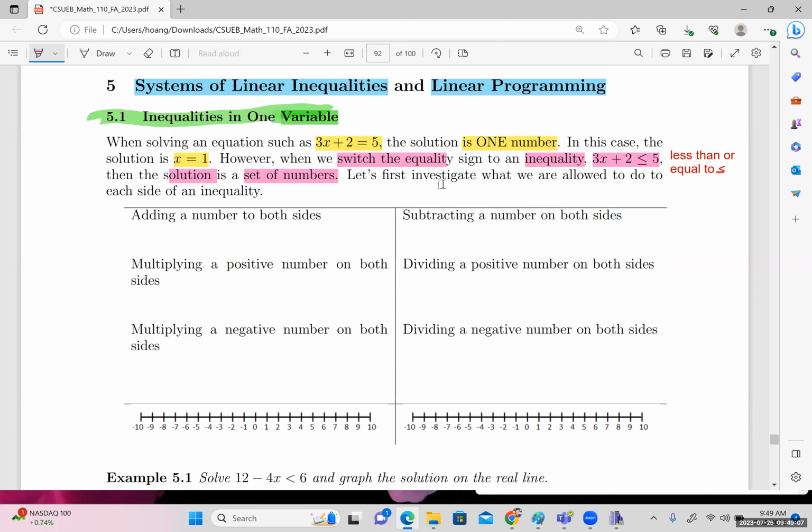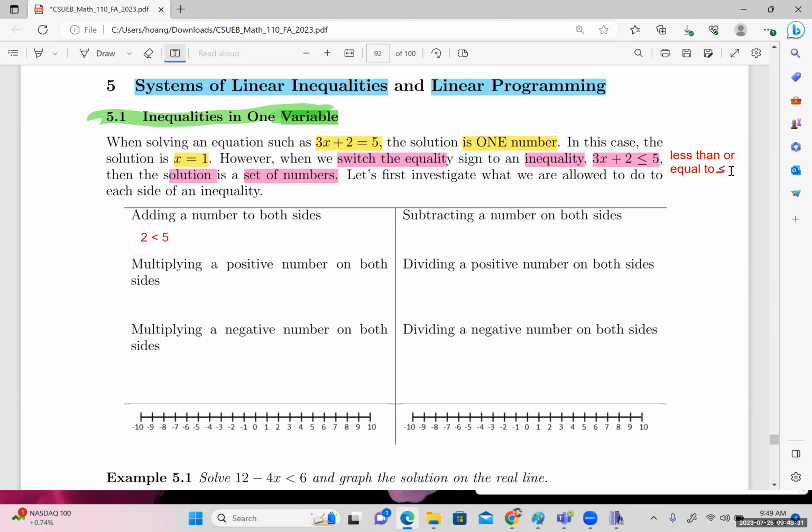So let's first investigate what we are allowed to do when working with inequalities. First, adding a number to both sides. For example, 2 is less than 5.